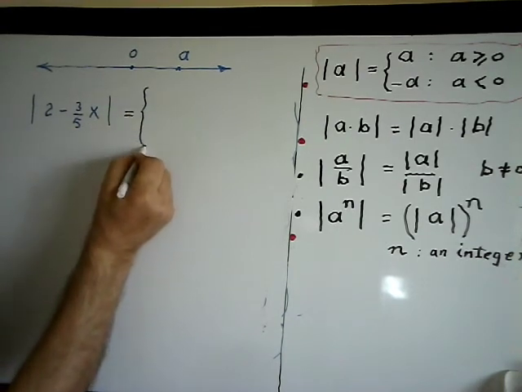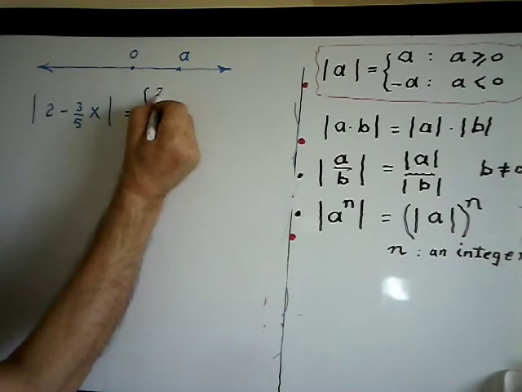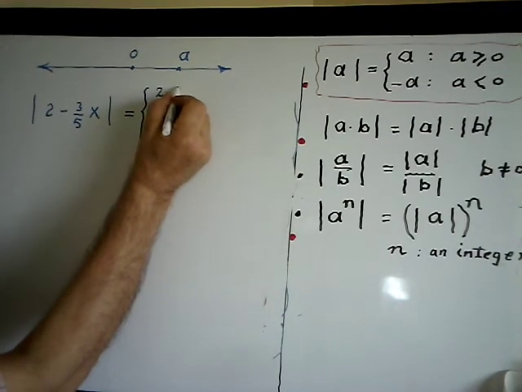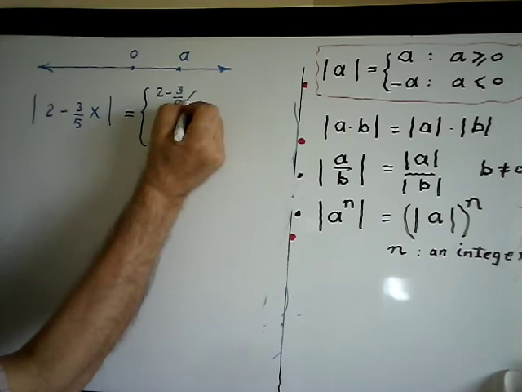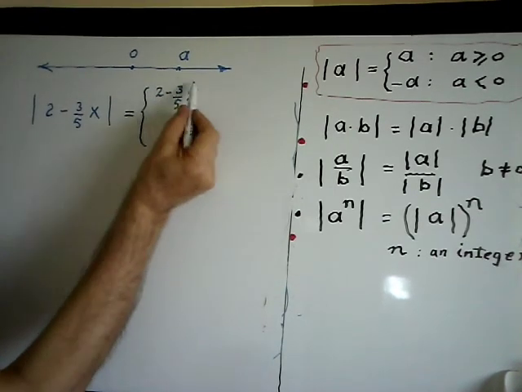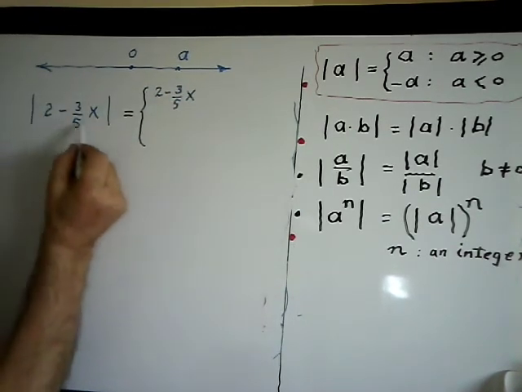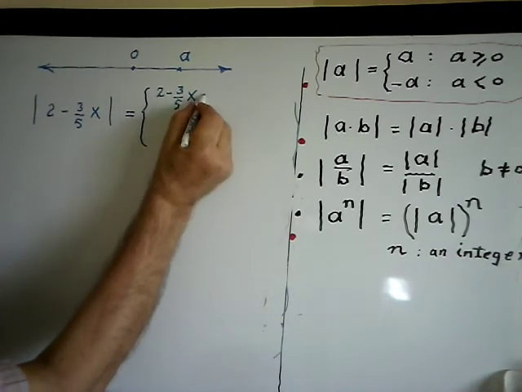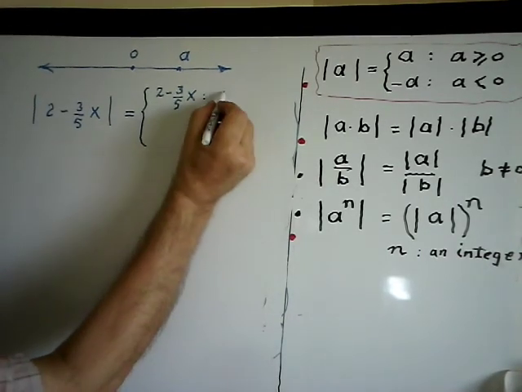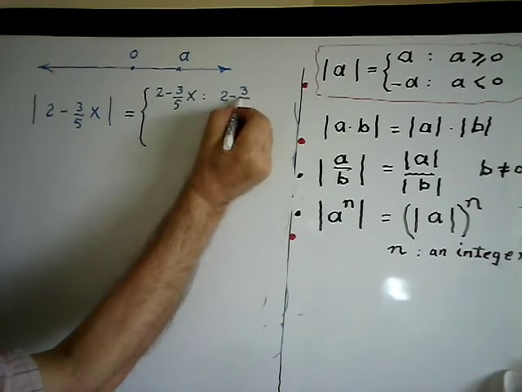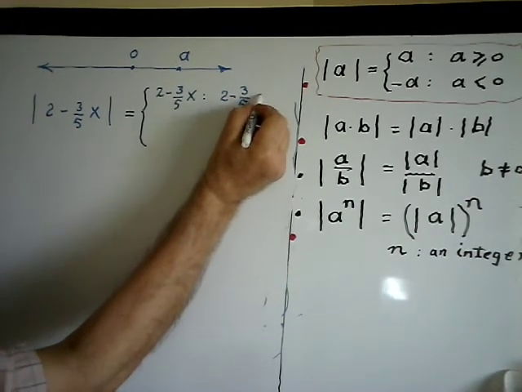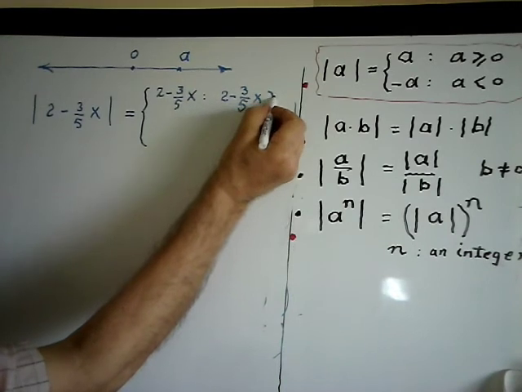The first case, 2 minus 3/5x, when all this quantity is positive. I mean when 2 minus 3/5x is positive or 0.